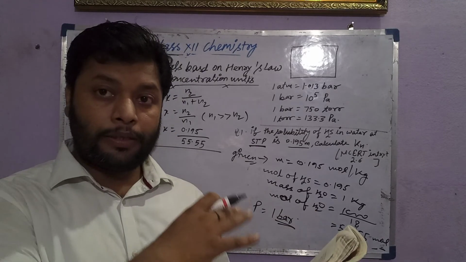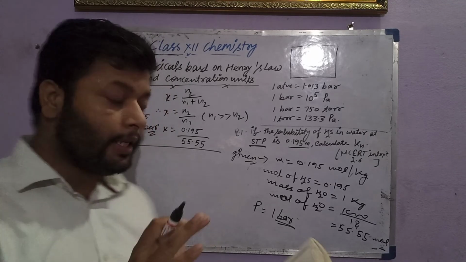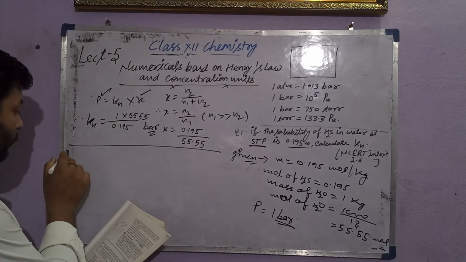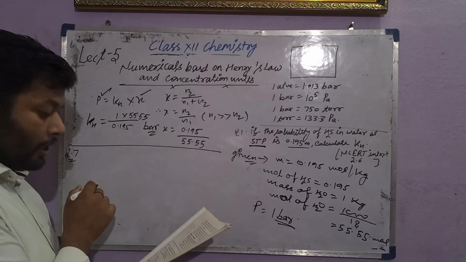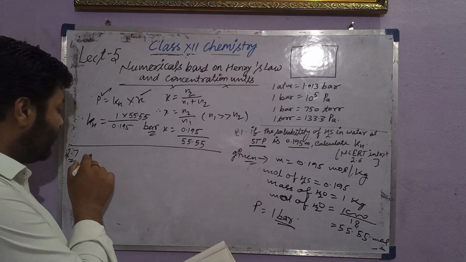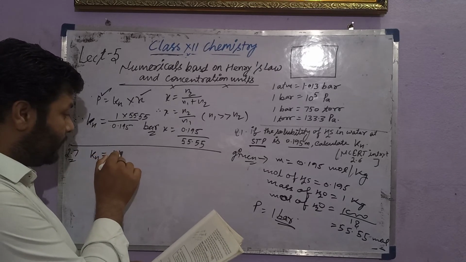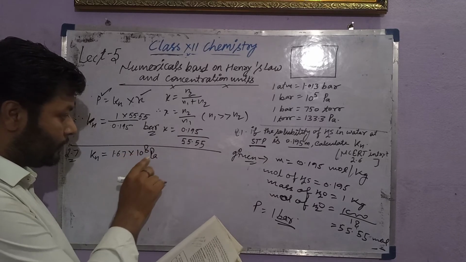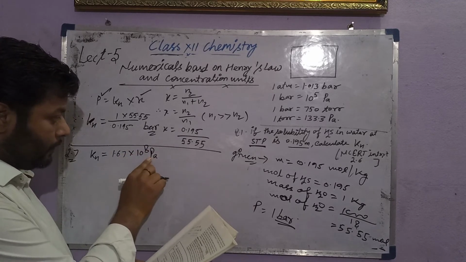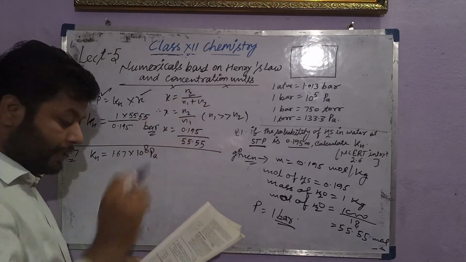I'm not writing this whole question, I'm just taking only the given things. Question number 2.7, NCERT. The given thing is Henry's law constant of CO2 in water, 1.67 into 10 to the power 8 Pascal. We know the relation between Pascal and bar. If required, we can change.